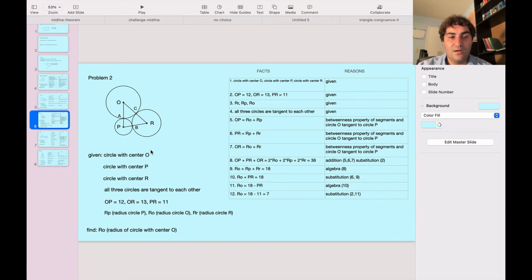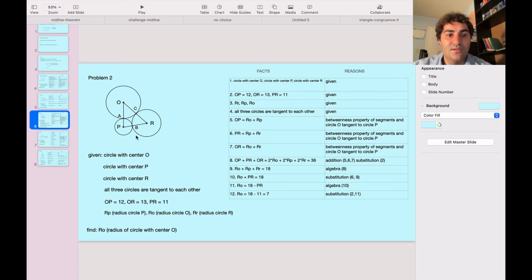This is a more computational problem than the one we did before, but let's take a look at it. We're given a circle of center O, a circle of center P, a circle of center R, and all three circles are tangent to each other. Not all three at the same point, but they're pairwise tangent.